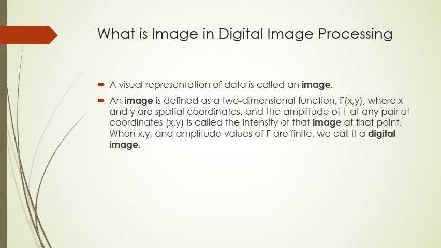An image is defined as a two-dimensional function f(x, y), where x and y are spatial coordinates, and the amplitude of f at any pair of coordinates (x, y) is called the intensity of that image at that point. When x, y and the amplitude values of f are finite, we call it a digital image.